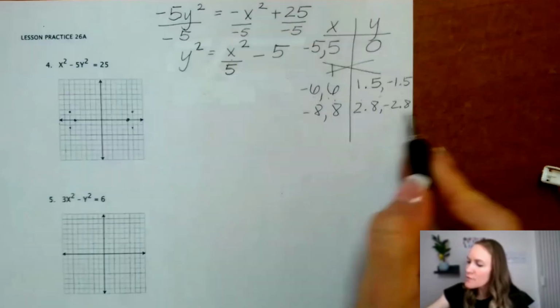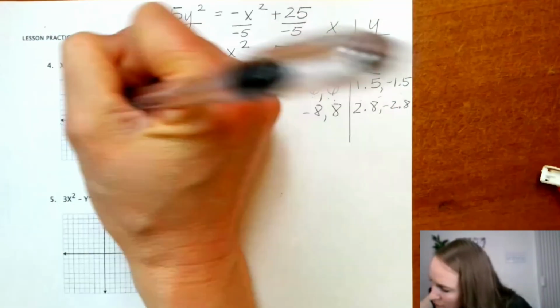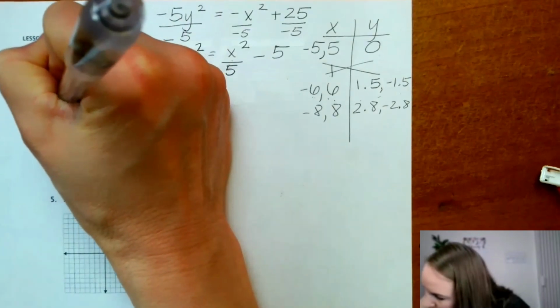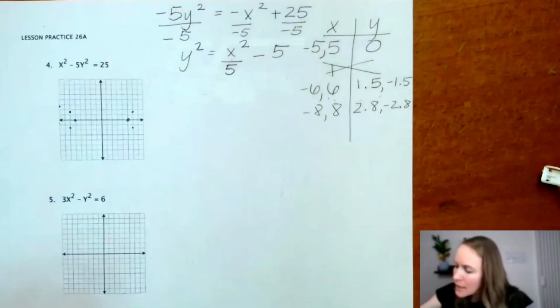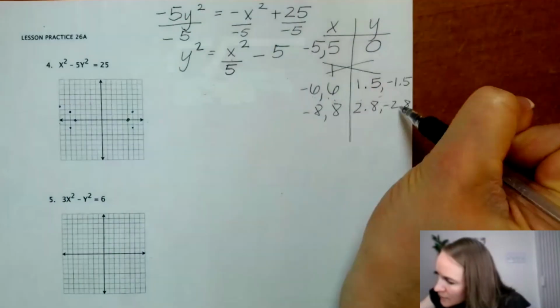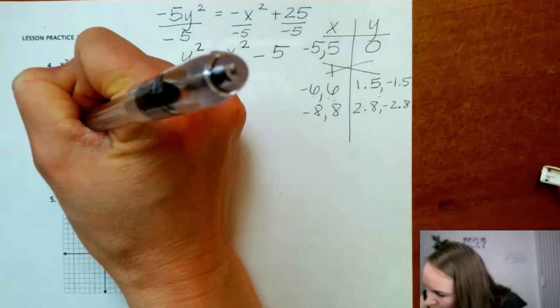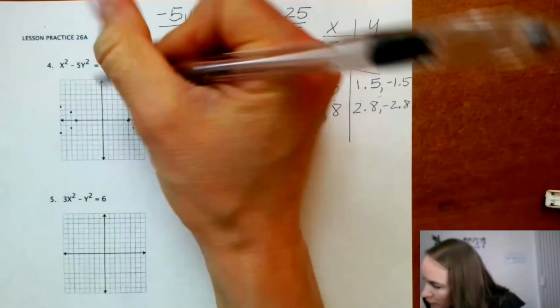Okay, now let's graph these 4 points right here. Negative 8, 2.8, which is pretty close to 3. And then negative 8, negative 2.8, really close to 3. And then I have positive 8, positive 2.8.